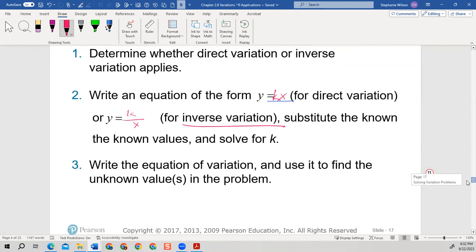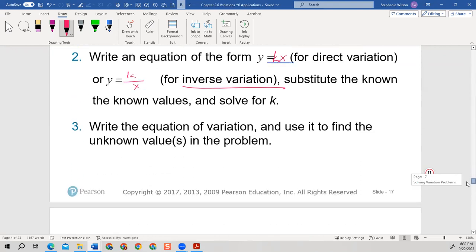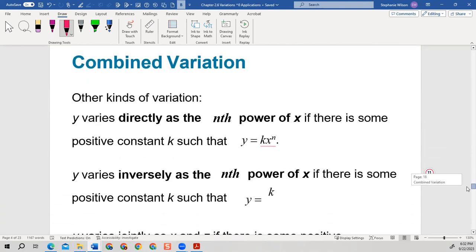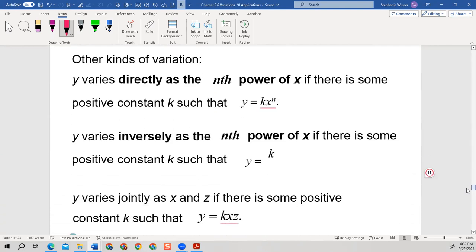So we're going to write the equation of the variation and use it to find the unknown. So we were doing that, right? Combined variations, other kinds of variations. So we have y varies directly as the nth power of x if there is some positive constant k such that y equals k x to the n. So that's directly.